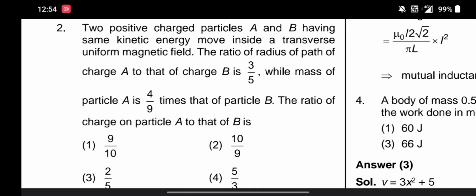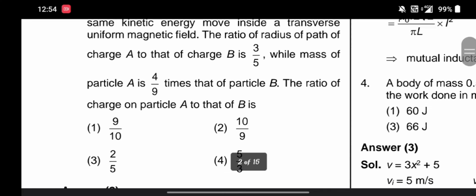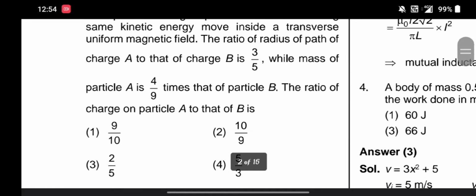The options they have given are 9 by 10, 10 by 9, 2 by 5, 5 by 3. Let us solve the question and see which option is correct.